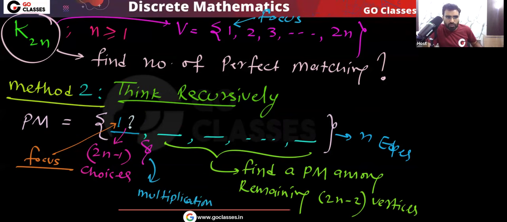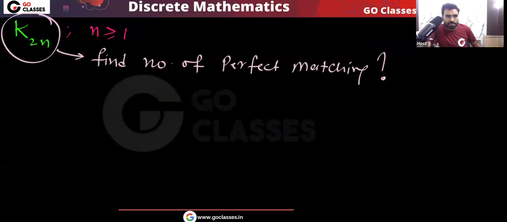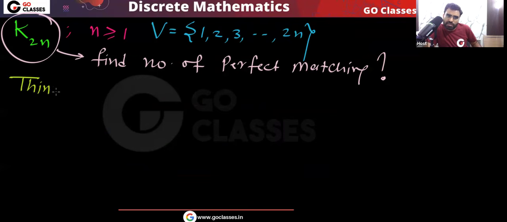So what I'm trying to tell you is, just think recursively. The vertices are 1, 2, 3, and so on up to 2n. We have a complete graph on 2n vertices.